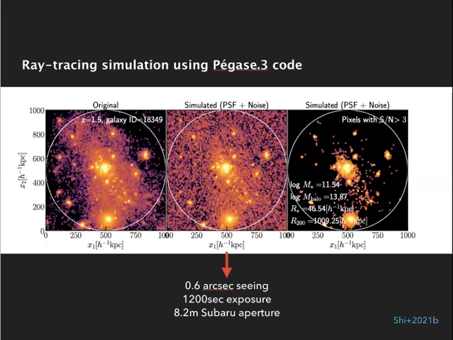The middle panel shows what we expect to see after considering the sky background noise and also the seeing effect in the image. We consider the case for observation with the Subaru telescope. And in the last figure, we only show the pixels with signal to noise ratio larger than 3.